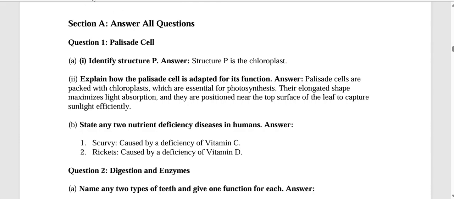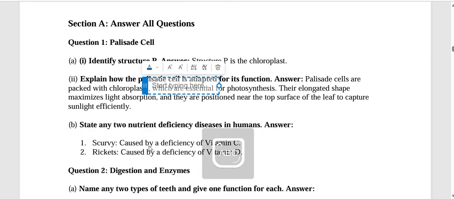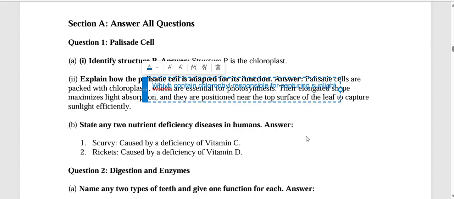So if we were to add something here, we would say the chloroplasts, which contain chlorophyll, responsible for capturing sunlight.